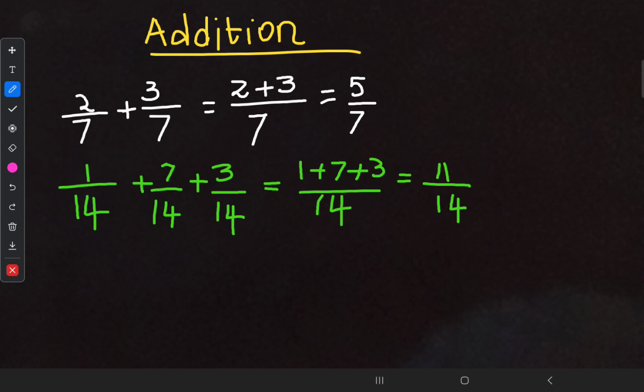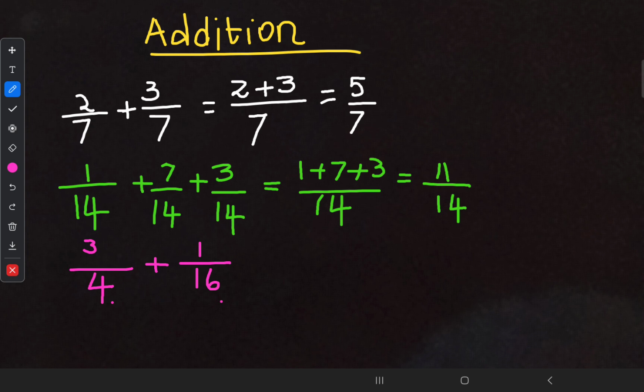The next set of questions should be something like this. Look at this: 3 upon 4 added with 1 upon 16. In this case, one denominator is 4 and the other is 16. While adding two fractions, the denominators should be exactly the same.